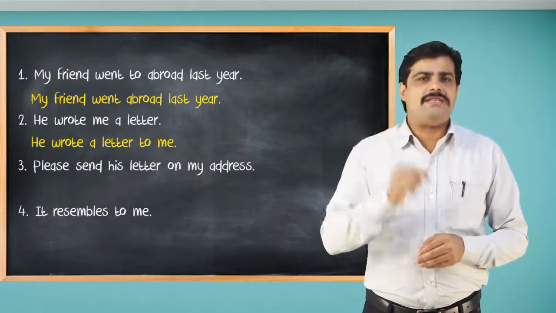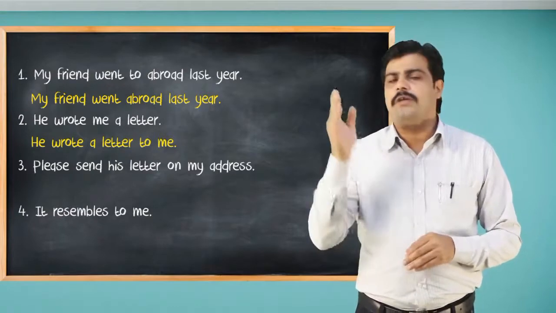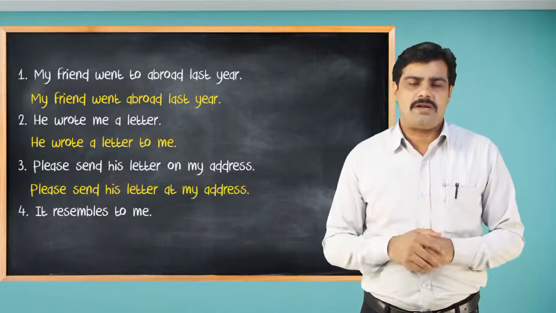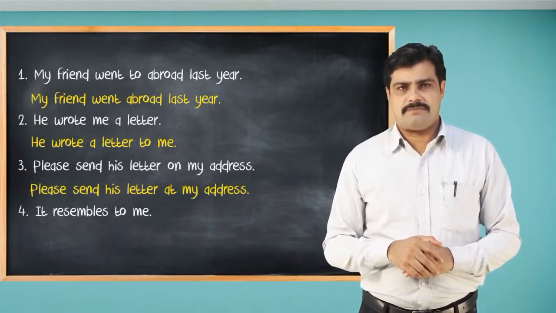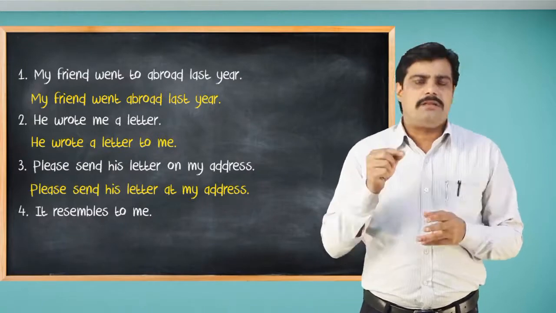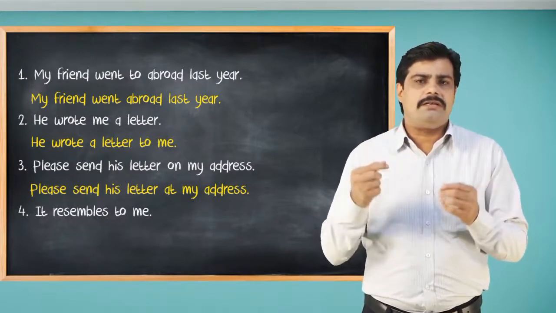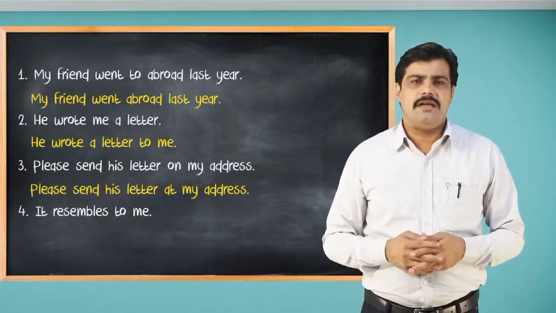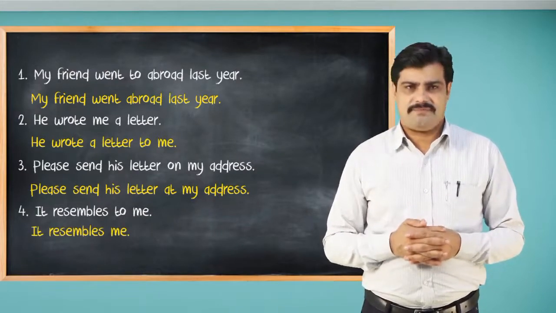So use "at" in place of "on". "On" is wrong. So say this sentence, please send this letter at my address. The last sentence you see, it resembles to me. The verb "resemble" doesn't require "to" after it. So say this sentence, it resembles me.